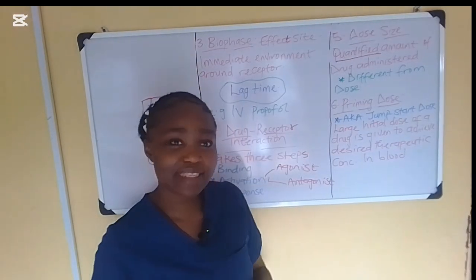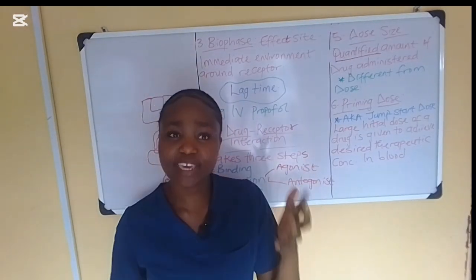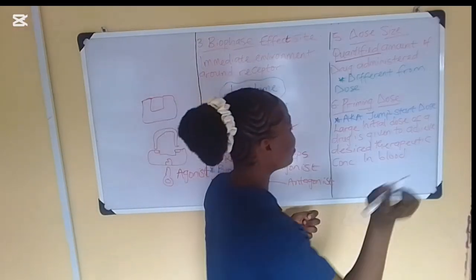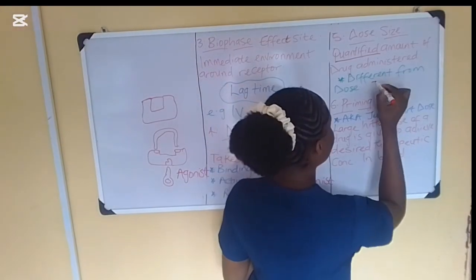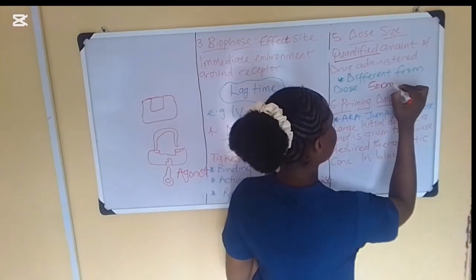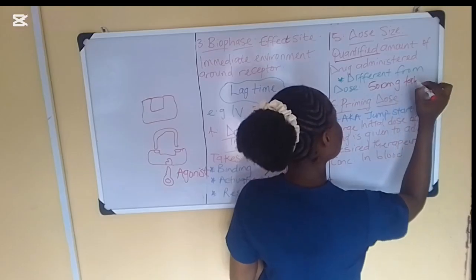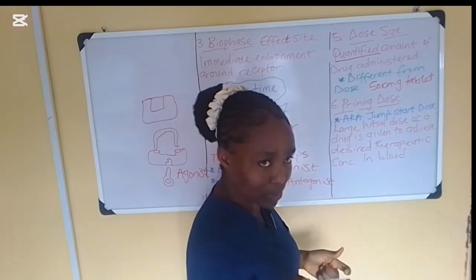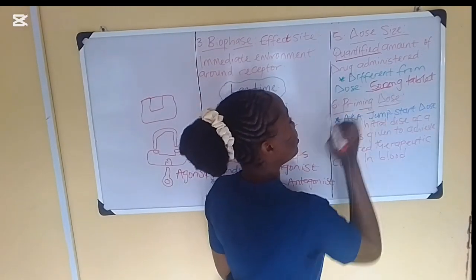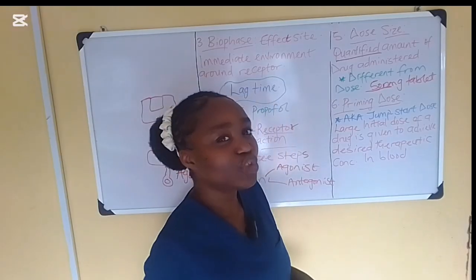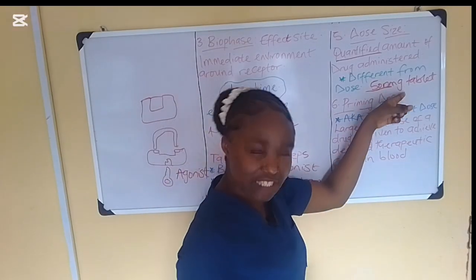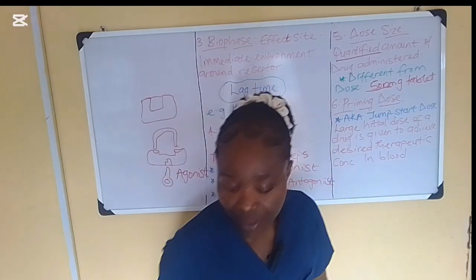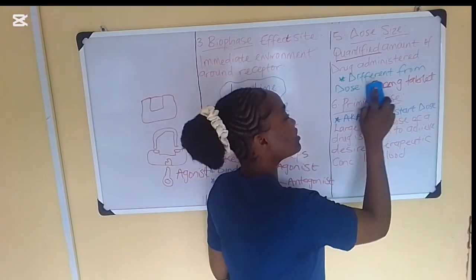Now, why do I say this? Because I might ask you to get paracetamol, which is almost always in 500 mg tablet form. The dose is 500. It becomes a dose size when it is quantified, and by quantified, I mean it now has units.